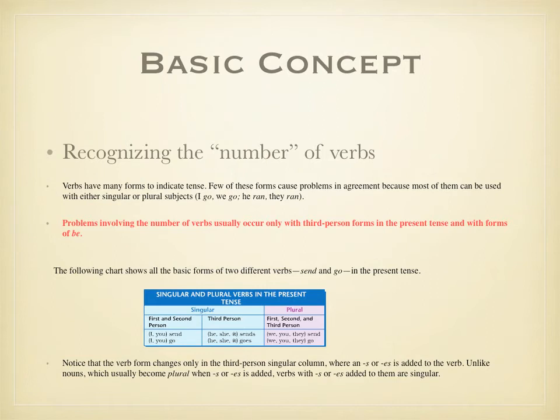Singular and plural in the first and second person is go. In third person, it is goes. Notice that singular third-person verbs end in S, which is counterintuitive because we associate plural, at least with nouns, as ending in S. So it's kind of reversing that concept.